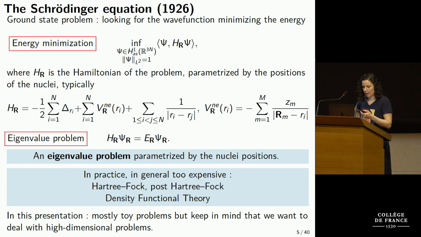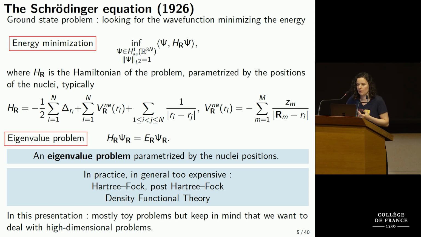In this field, one of the basic questions is to characterize the ground state of the system. The ground state is the state with lowest energy. Usually it characterizes the most stable state of the molecule. Mathematically speaking, it's an energy minimization problem.